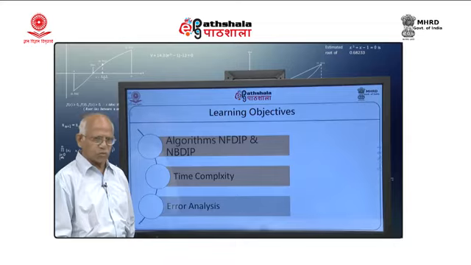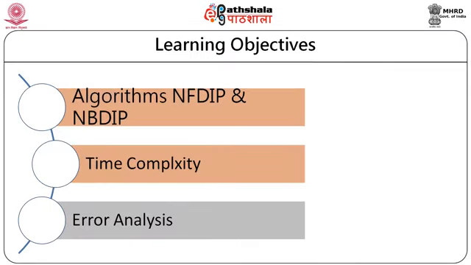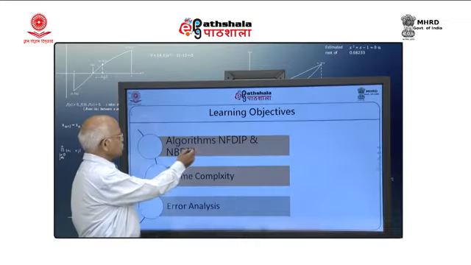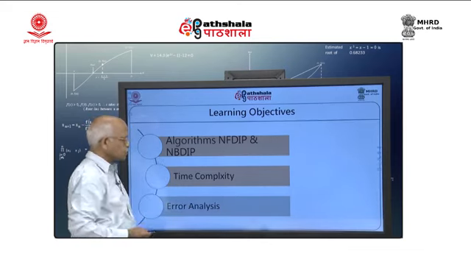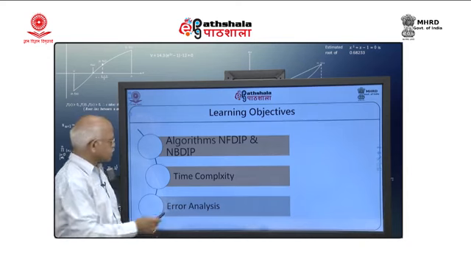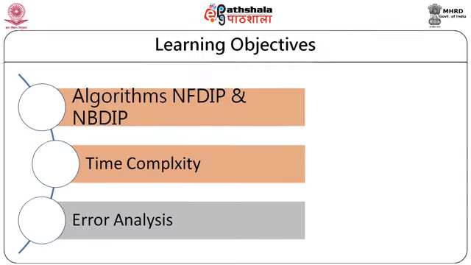in the previous module. In this module, we are going to talk about algorithms for Newton's forward difference interpolation polynomial and Newton's backward difference interpolation polynomial. We will study their time complexity and we will carry out the error analysis for both these interpolating polynomials.